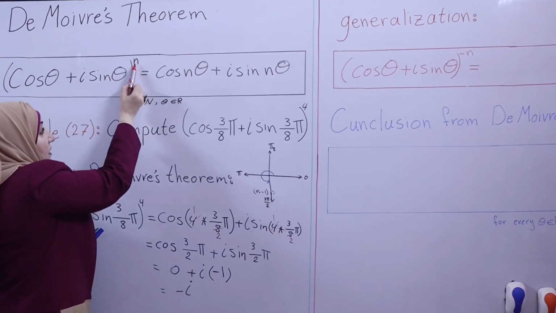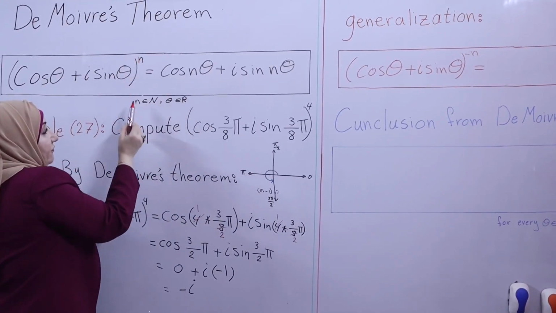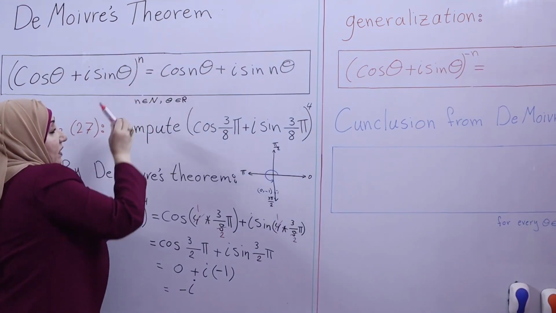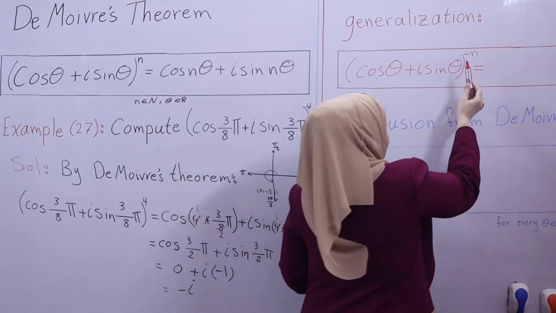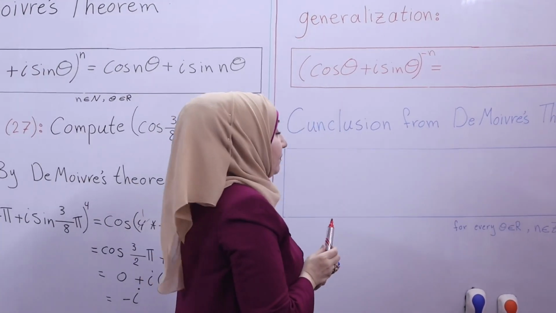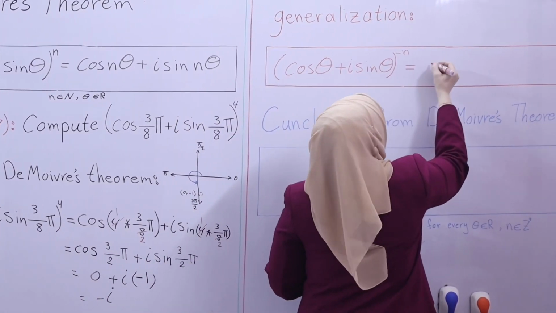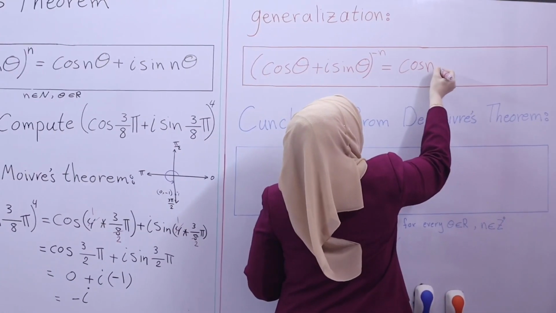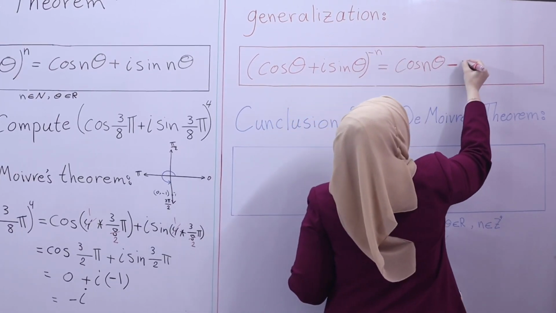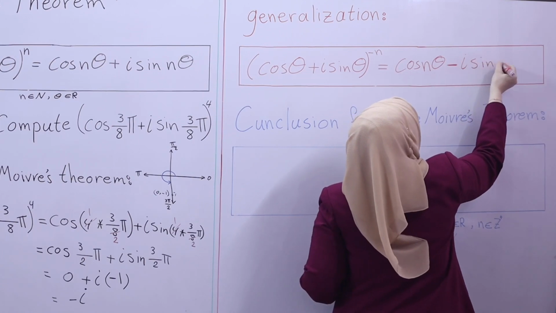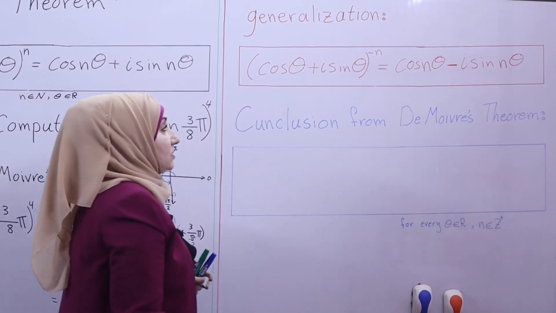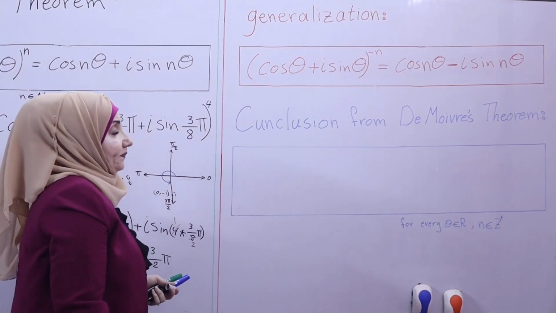In DeMoivre's theorem, the power is positive because n belongs to natural numbers. But here, if we have a negative power, it will be cosine n theta minus I sine n theta. So this is the generalization of DeMoivre's theorem.